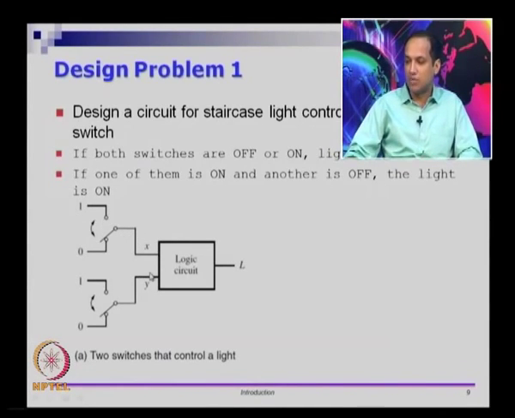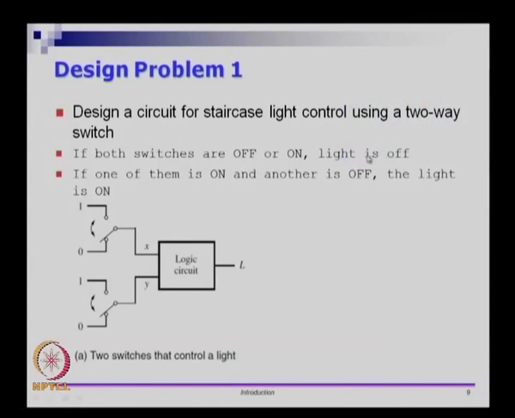So let us see how to think about this. If both the switches are off or on, the light is off. If one of them is on and one of them is off, the light is on. We want to think in terms of expressions for these, so we will start with the notion of a truth table.